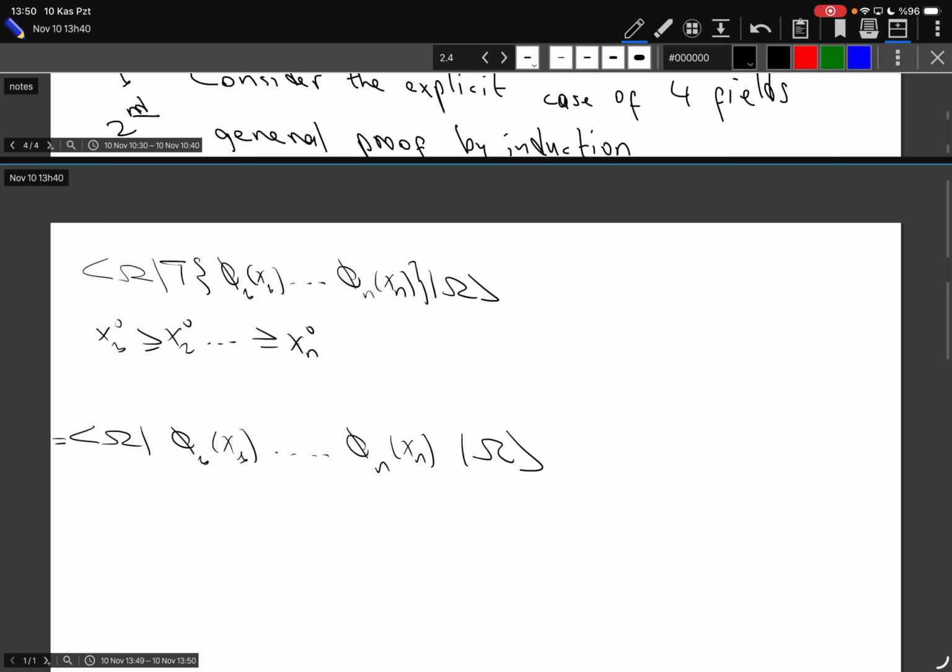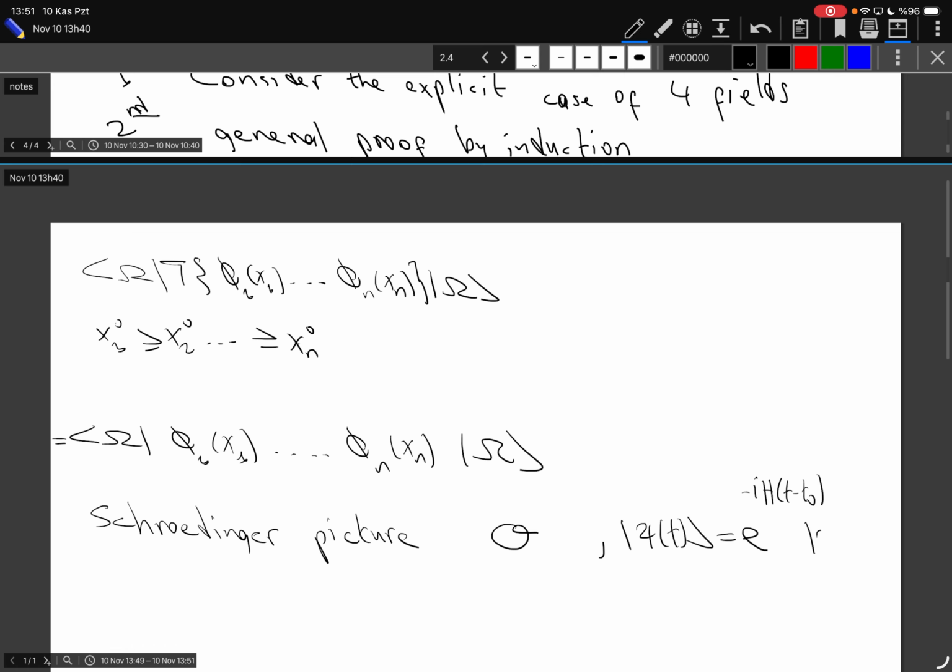Now, what I would like to do is, remember we had discussed the interaction picture. Let me write in the Schrödinger picture. I have the operators independent of time. And then I have the states which depend on time through e to the power minus i H (t minus t0) acting on psi at t equal to t0. This is how I define the Schrödinger picture.